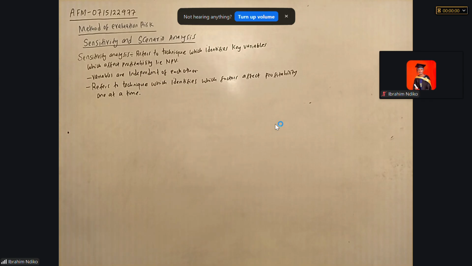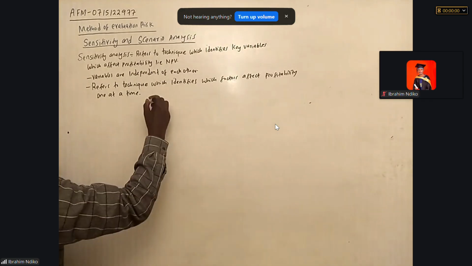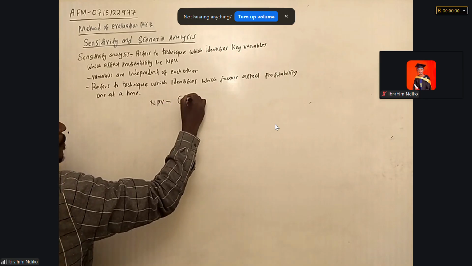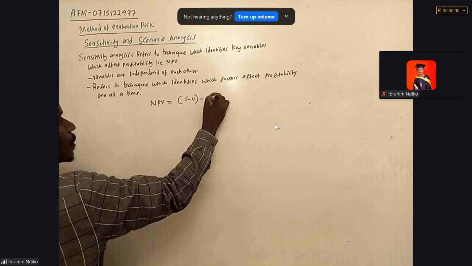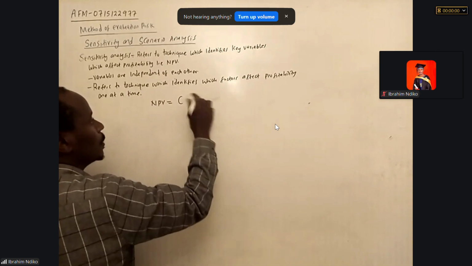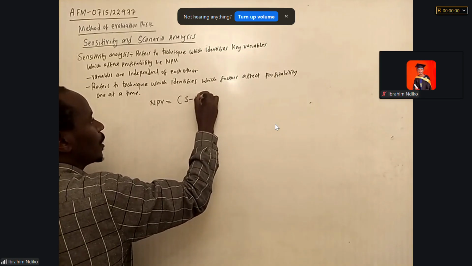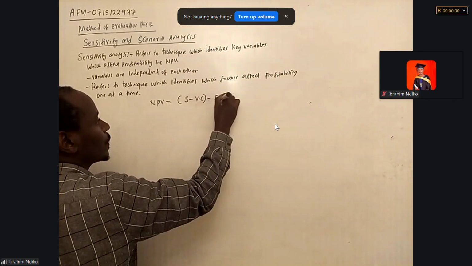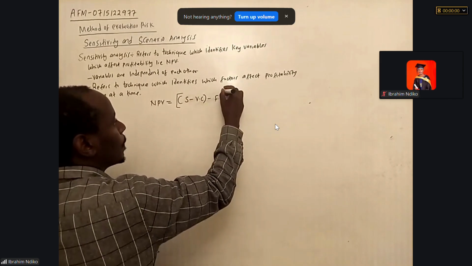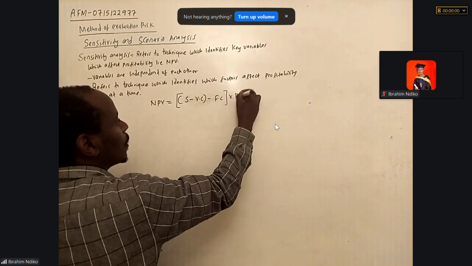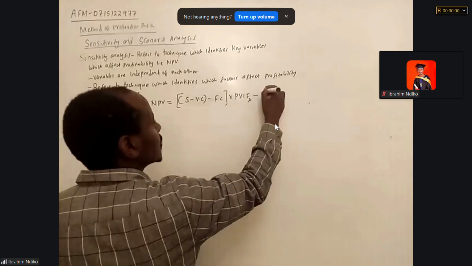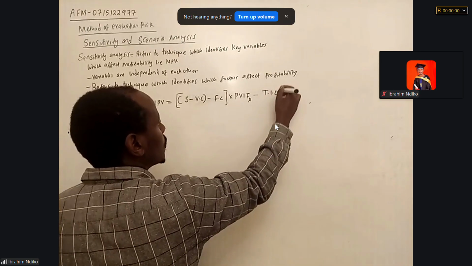For example, NPV is equal to sales minus variable cost minus fixed cost, times the present value interest factor, maybe annuity, minus total initial outlay.